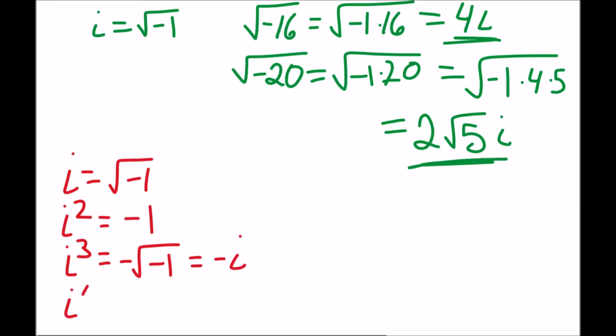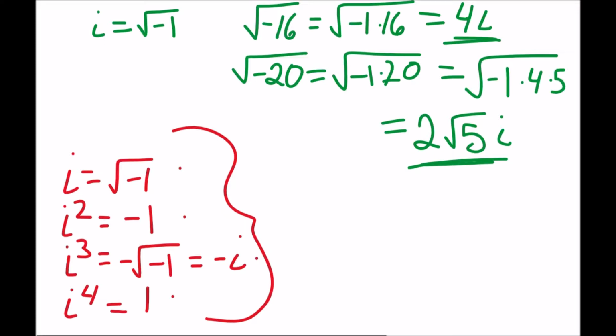And we said i to the fourth equals 1. And these were our major rules that basically repeated themselves over and over and over to infinity and beyond. So if we'd said i to the fifth, that equals the square root of -1. We said i to the sixth equals -1, i to the seventh equals -i, and i to the eighth equals 1, and so on and so forth.